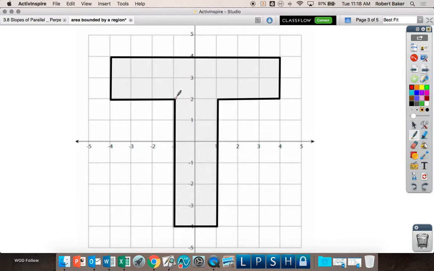Cut rectangle. Like that? So the area at the top of the T, 2.